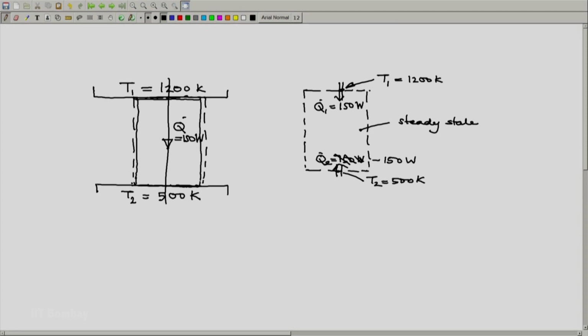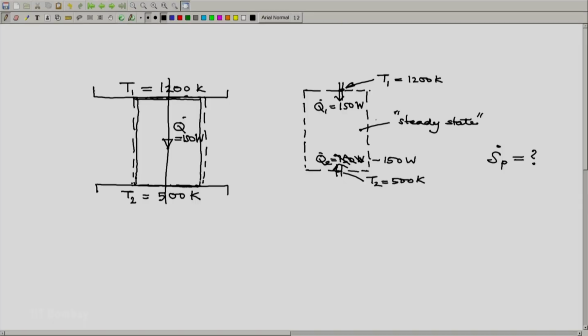That means over time its state does not change, and we are asked to determine what is the entropy produced by the conductor or in the conductor. This is entropy production rate. We have seen that entropy produced has the units of joule per Kelvin or kilojoule per Kelvin. Here it will be watt per Kelvin or kilowatt per Kelvin.